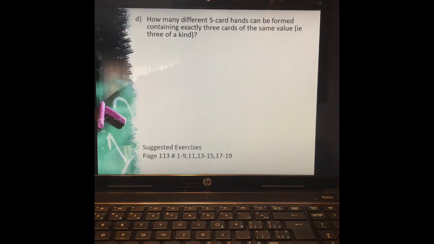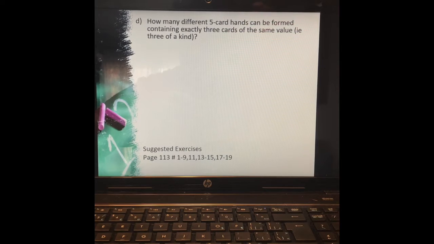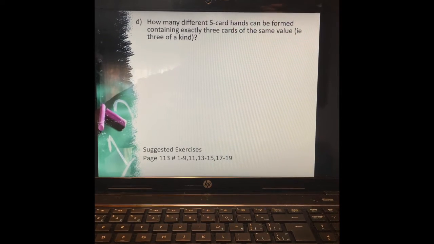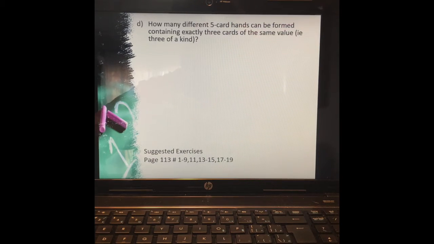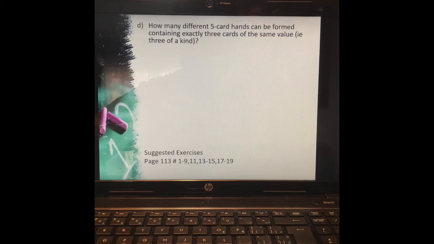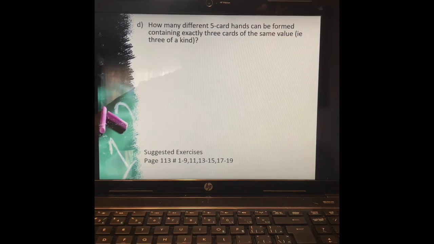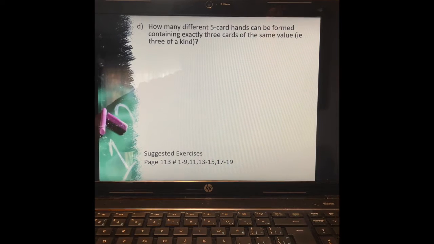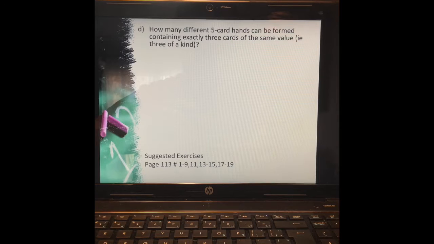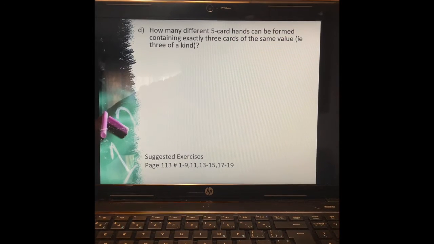Of the 13 possible cards, you need to choose 1 of them. That's your 3 of a kind. So your 3 of a kind has to be in a specific denomination, a specific number. So 13, choose 1. 4 suits, choose 3 of them.